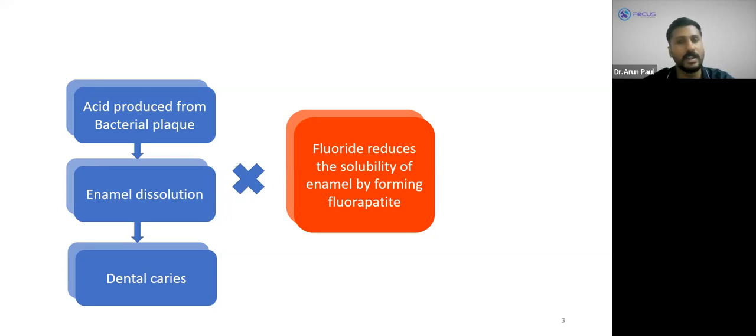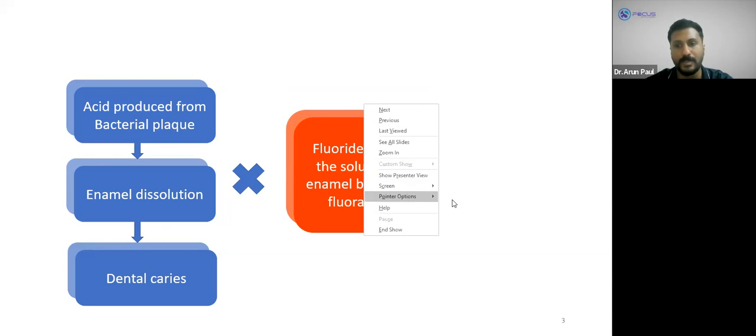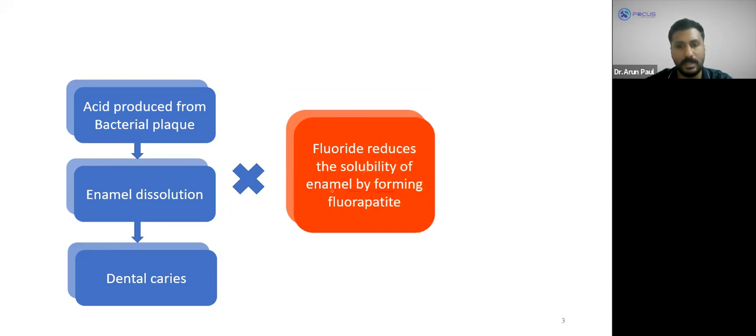So that is one important compound formed. And again, when more fluoride acts on this calcium fluoride, it results in a compound called fluorapatite. So this is a major compound which results in the anti-caries effect of fluoride. Fluorapatite is a very important compound to be remembered.